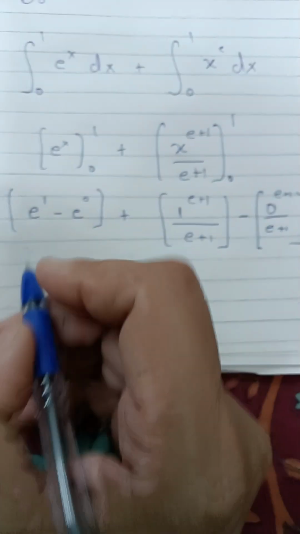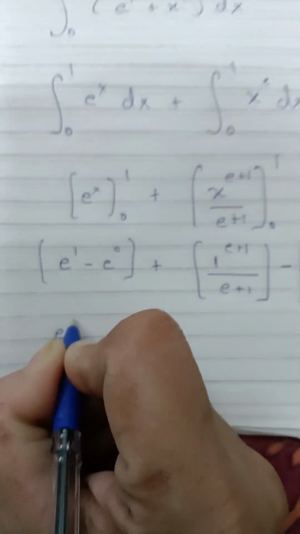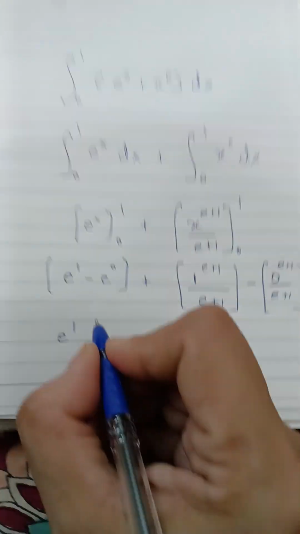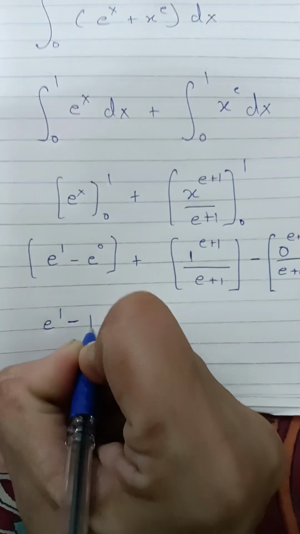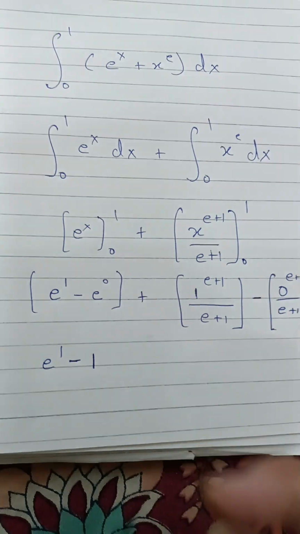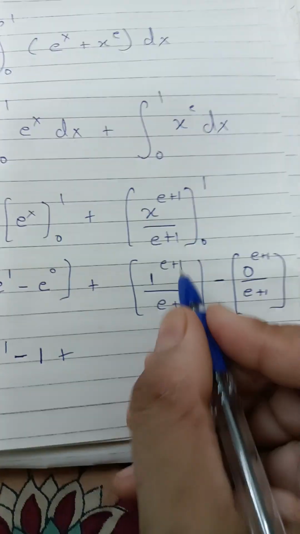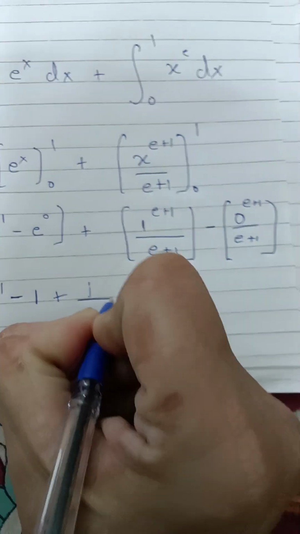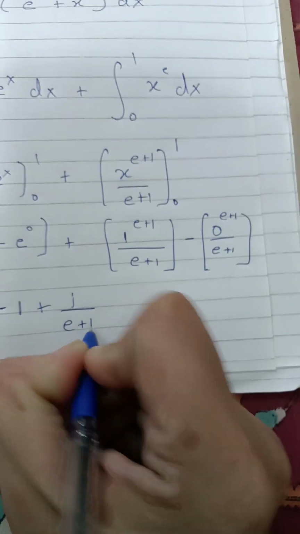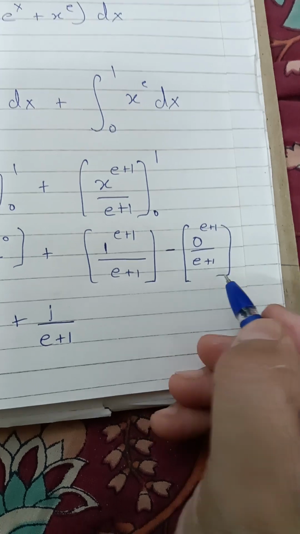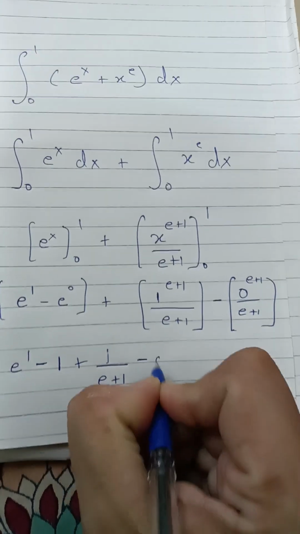Now, e raised to 1 is just e. e raised to 0 is 1, as any number raised to 0 is 1. Plus 1 raised to any exponent is just 1, upon e plus 1, and 0 over any number is just 0.